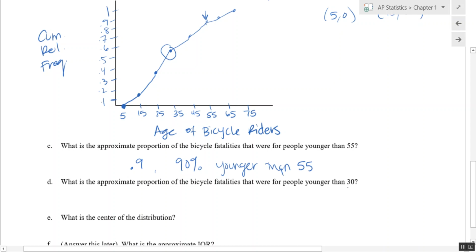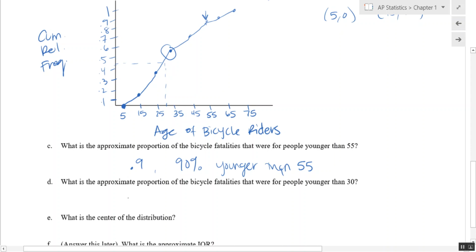Okay, so for younger than 30, that's in between our intervals. So we are just going to approximate it as best we can. I'm going to go over. I'm guessing something kind of close to 0.45.